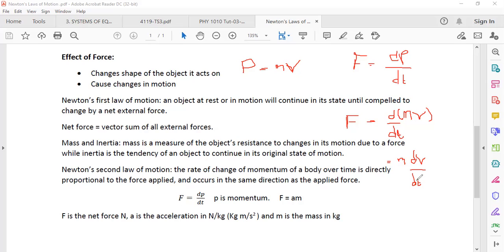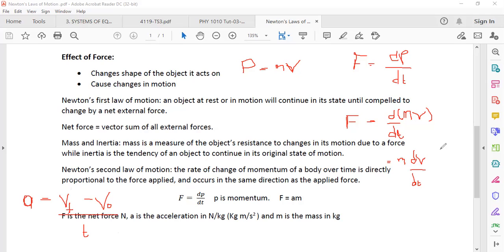And we know that whenever we are dealing with change in velocity with respect to time, what we're talking about is acceleration. Acceleration, from those equations of motion, A is equal to V final minus V initial, which is V0, divided by the change in time.